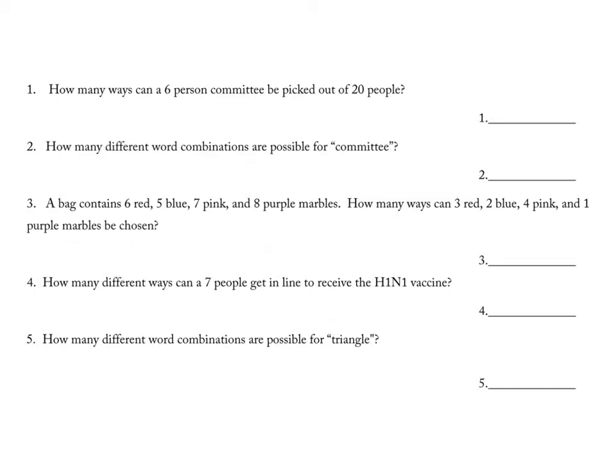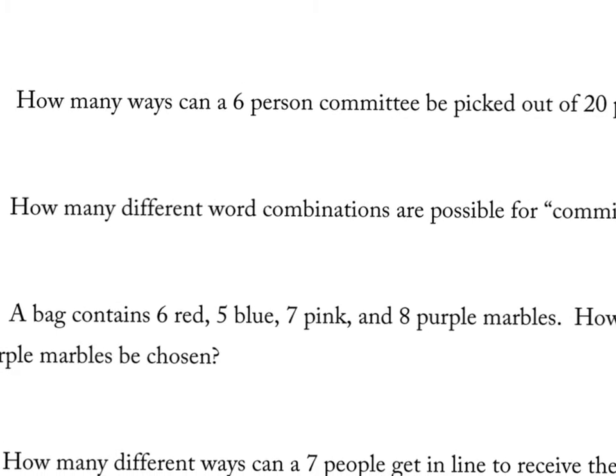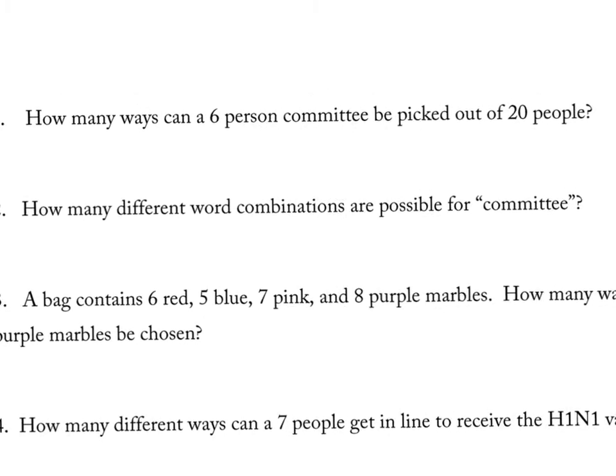Number 1 says, how many ways can a 6-person committee be picked from 20 people? So it doesn't matter what order I pick the people in, okay, because they're all going to end up on the committee. So I can just go ahead and do 20 choose 6.